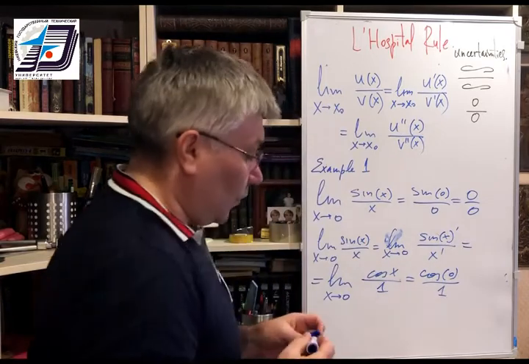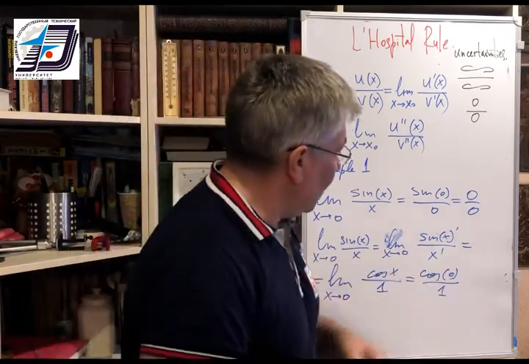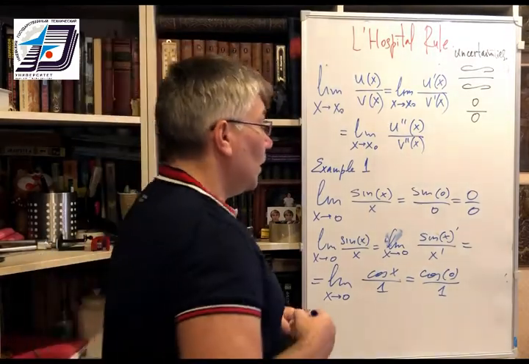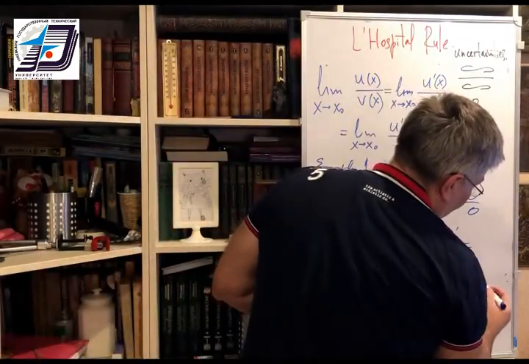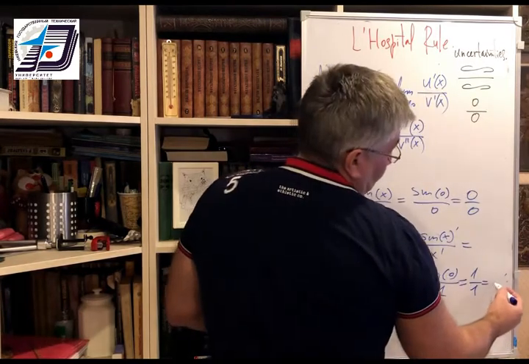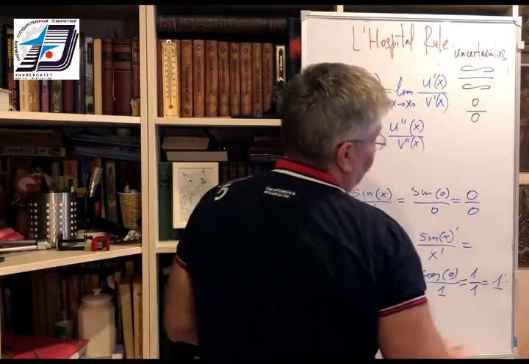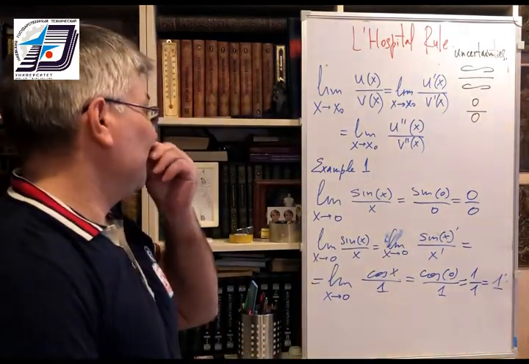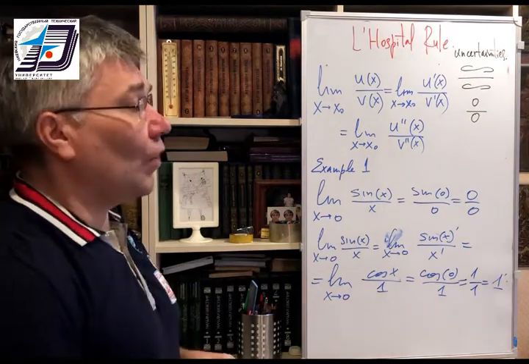Cosine of 0, I remember, is 1, and we have 1 over 1, and it is 1. It's very easy to calculate, you can notice.